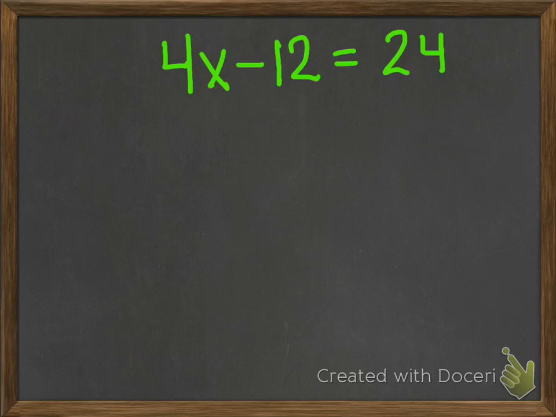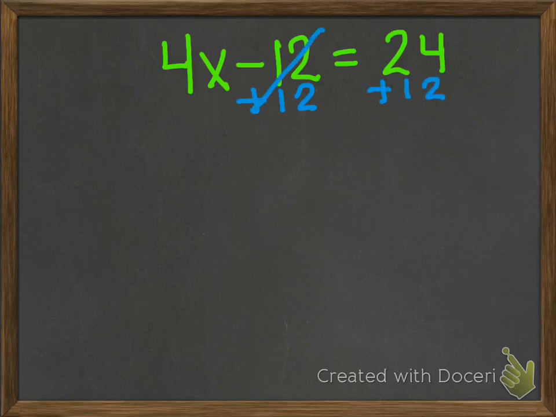We're kind of going farthest from the x and coming in toward it, undoing. So instead of subtracting 12, I'm going to undo that by adding 12. Remember, I do it on both sides.